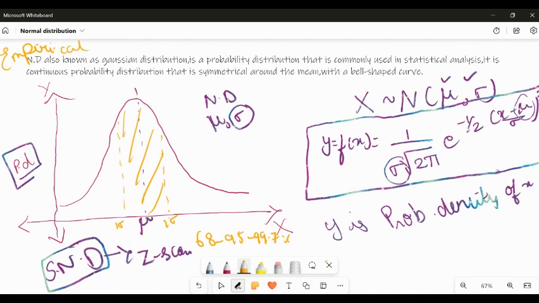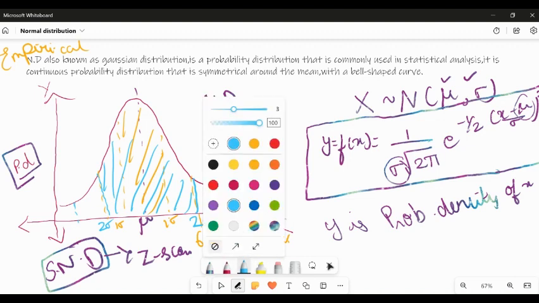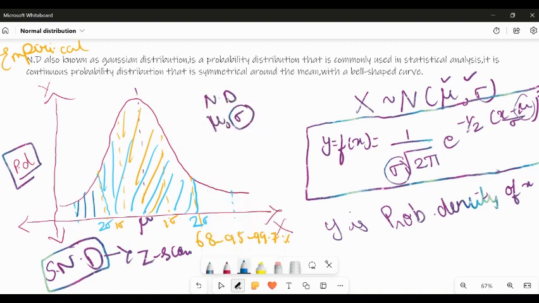And then, as I've said, 95 percentage of the data falls within the second standard deviation, two standard deviations away from the mean, and 99.7 percentage of the data falls within three standard deviations.